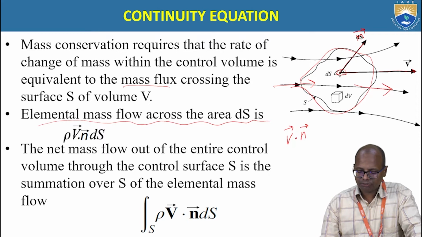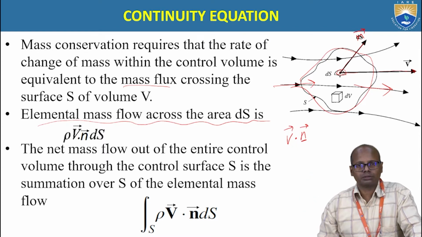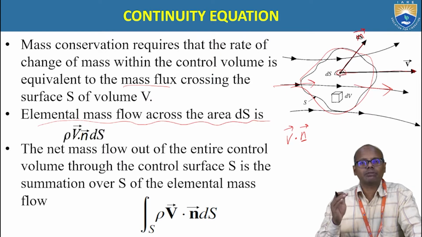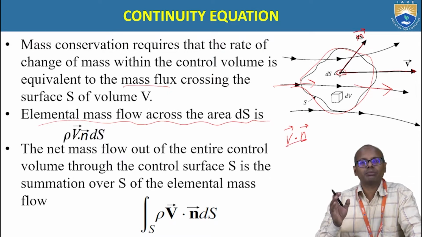Why do we need this magnitude only? Because we are trying to find the mass that is leaving or entering the surface normal to the surface. That is the reason we take this dot product, so that we get the magnitude of the velocity normal to the surface.